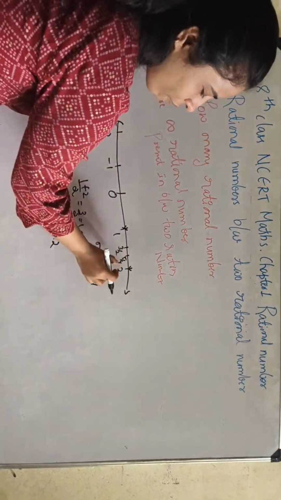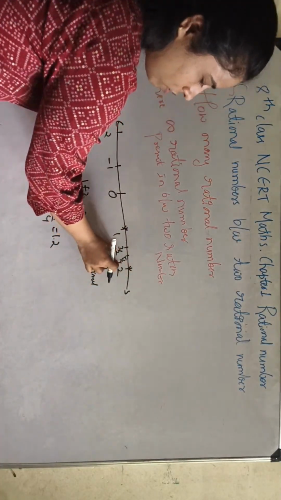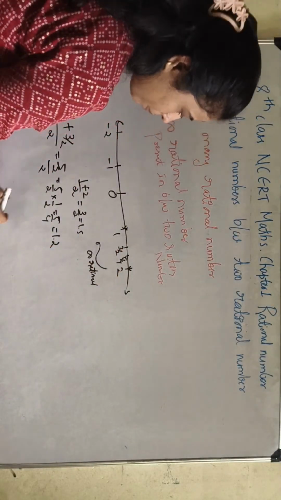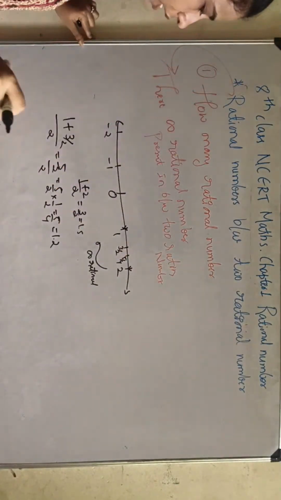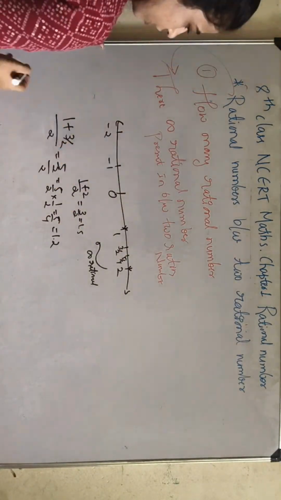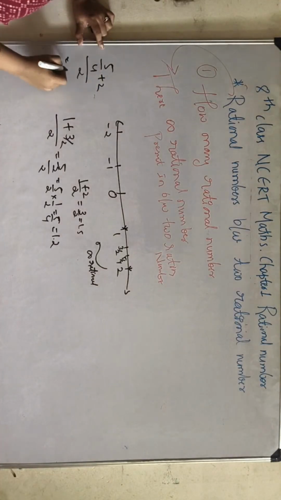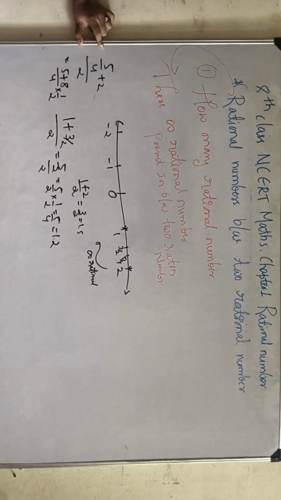Again you can take the average of these two numbers, or the average of these two numbers. Whatever number comes, again you have to represent it somewhere; it will lie between 1 and 2 only. Okay, see, if you take the average of 5 by 4 and 2, then it is 5 plus 8 over 4, into 1 by 2, right?